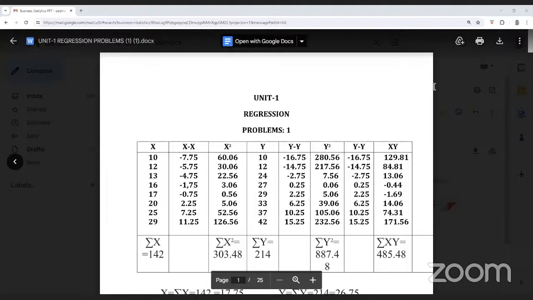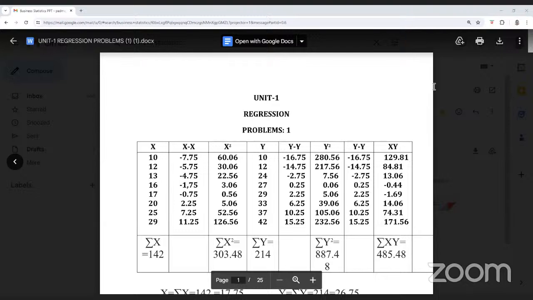So here the selling cost is independent, and the company sales is Y, that is dependent. Company sales always remain dependent on selling cost. Are you understanding?